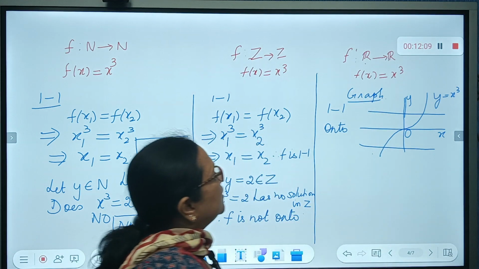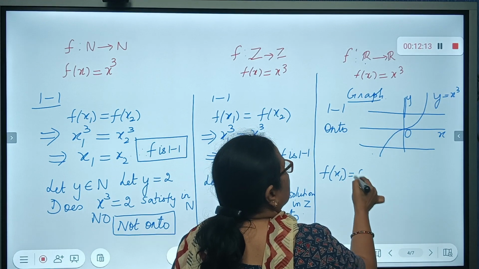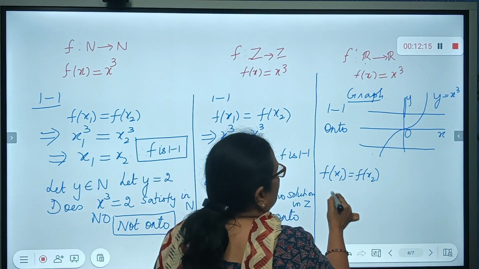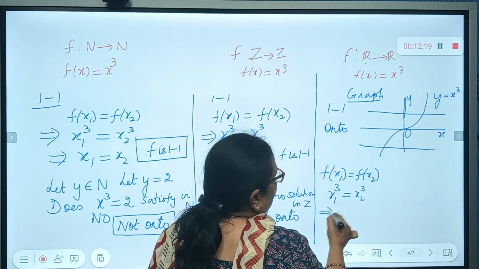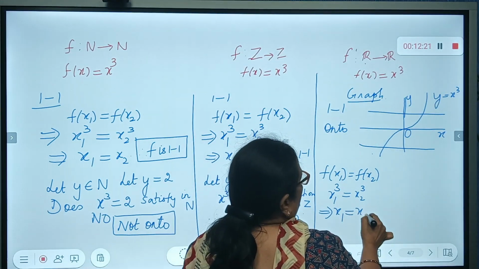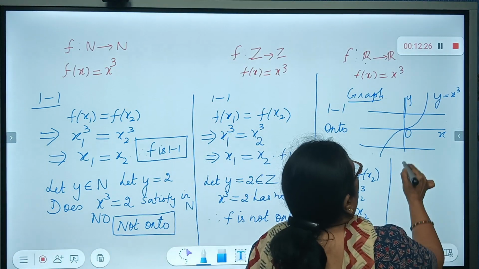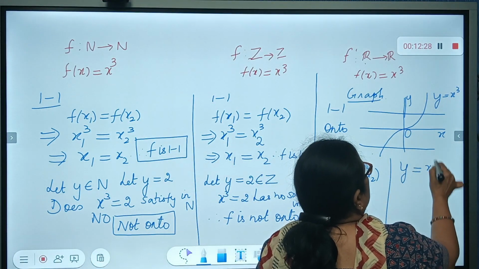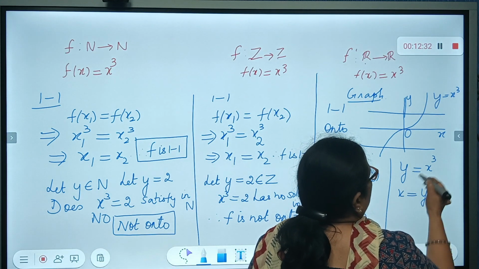Otherwise, how will you prove? f of x1 equal to f of x2 implies x1 cube equal to x2 cube, which implies x1 equal to x2. Therefore, it is 1 to 1. Now, if y equal to x cube, x will be y to the power 1 by 3.